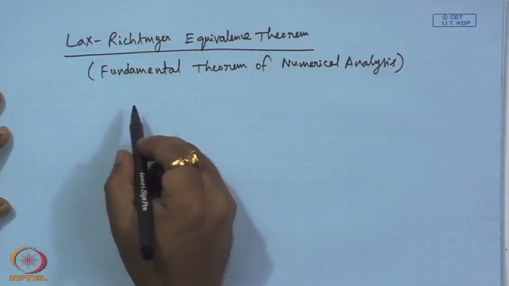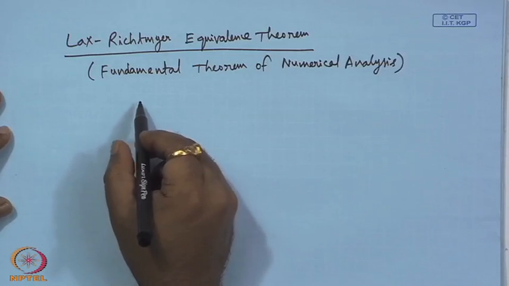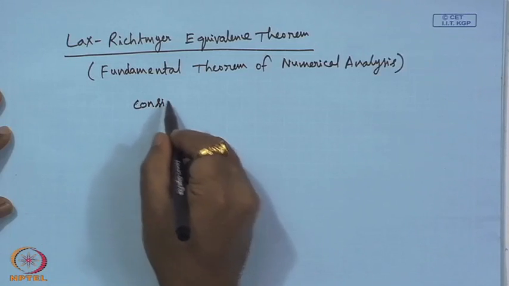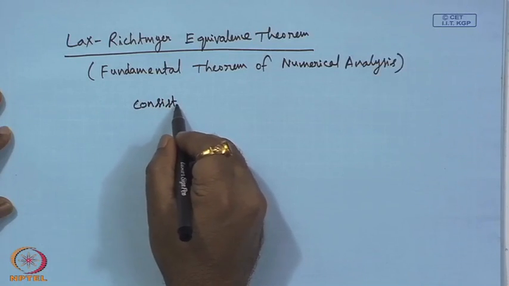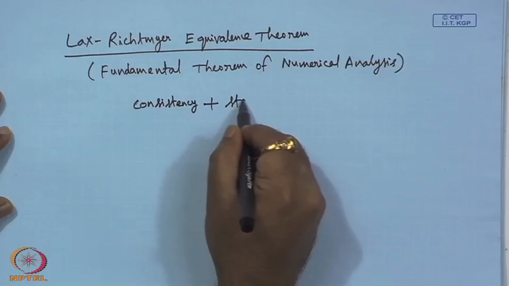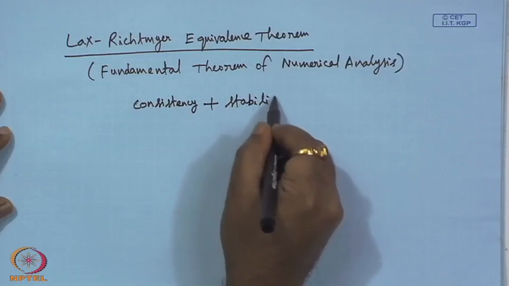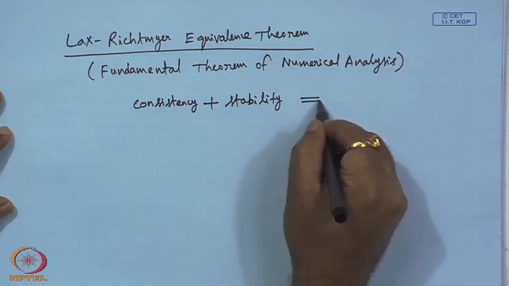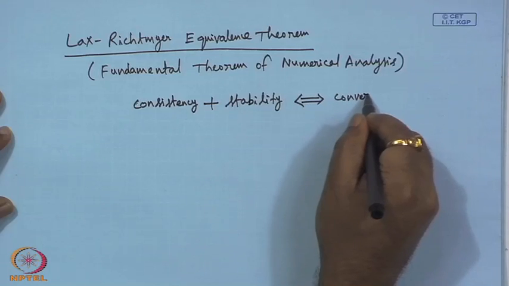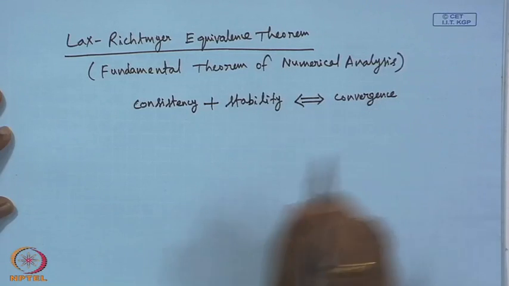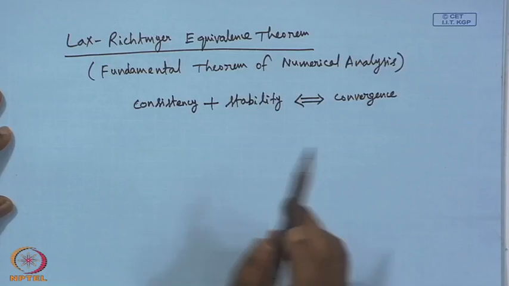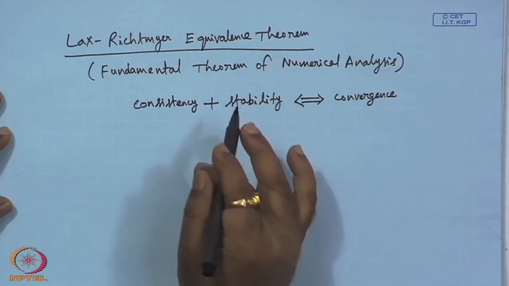So, before putting the statement, the gist of this, consistency plus stability, both sides I am putting: consistency and stability ensure convergence, convergence ensures consistency and stability. This is the gist of this theorem.